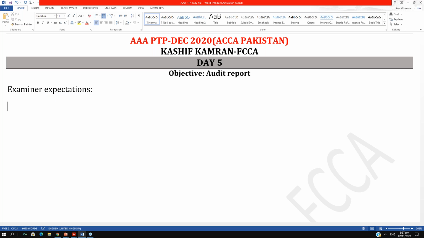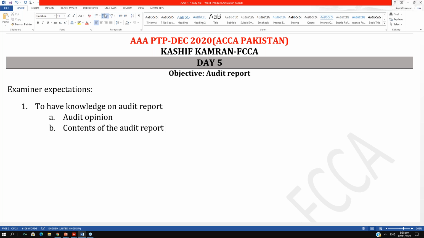Number one, the examiner wants students to have knowledge of the audit report. Particularly, the examiner wants you to have knowledge of the audit report in terms of the audit opinions, and knowledge about the contents of the audit report.